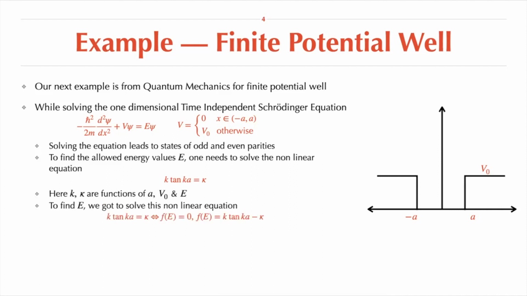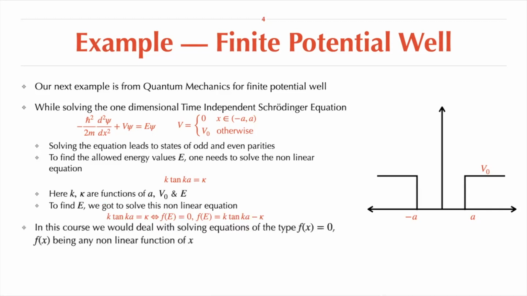I can write this equation in the form of an equation: if you take it to this side, you're solving k tan ka minus kappa equals 0, which is the same as the equation we wrote before.